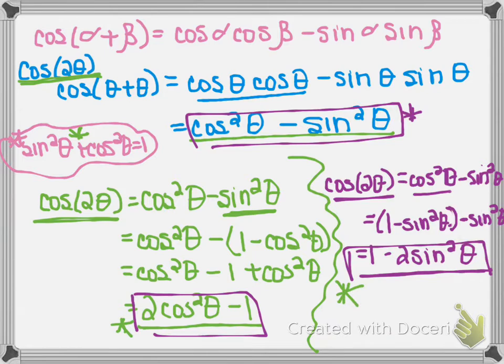We need those two cosine double angle formulas to make the half angle formulas. Okay, so back over here again. What I'm going to use is the one that was cosine of 2 theta is 2 cosine squared theta minus 1.